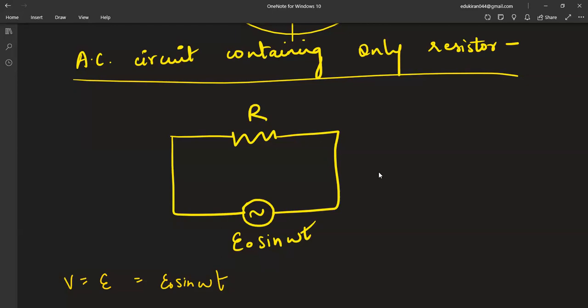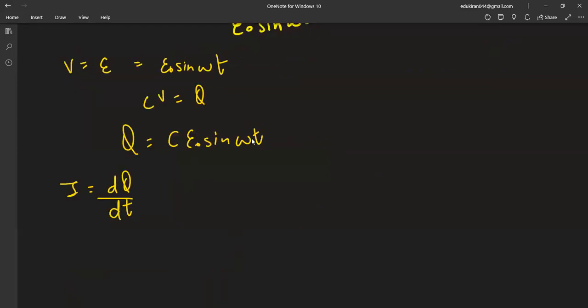equal to Q. So charge is equal to C. Current is dq over dt. So when you differentiate it, instead of the entire value of the charge that you're getting, when you will differentiate this charge, you will again put it as C epsilon naught sine omega t. Right, class? See, you have the value of the charge with you. When you are differentiating it, this becomes d over dt C epsilon naught sine omega t.